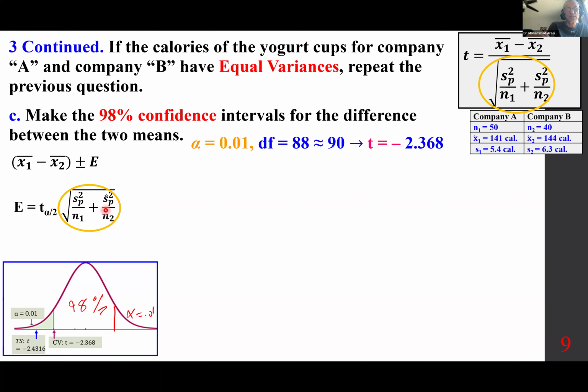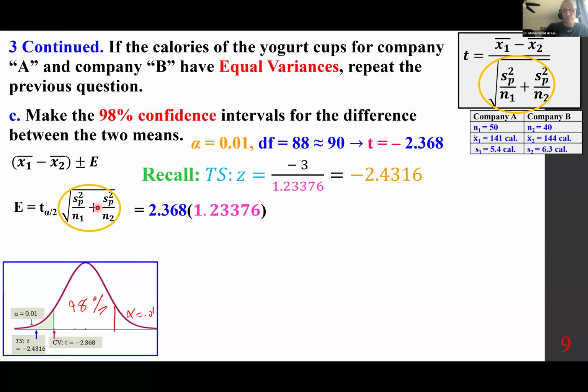And recall that the test statistic was z equals minus 3 over 1.23376. This was the test statistic. So we're going to use this t and we're going to use this one for this part. Reminding you, this is identical to this one, right?